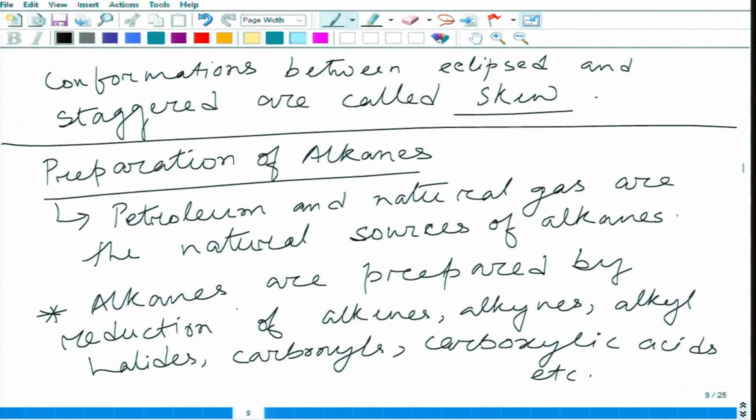So, alkanes are mostly prepared by the reduction of these group of compounds.